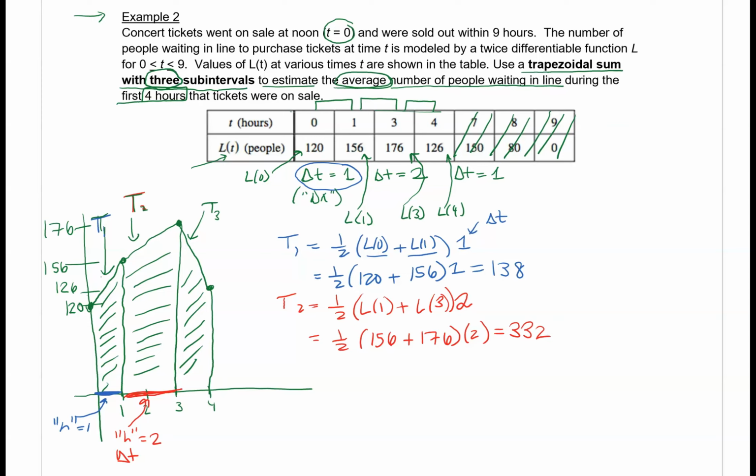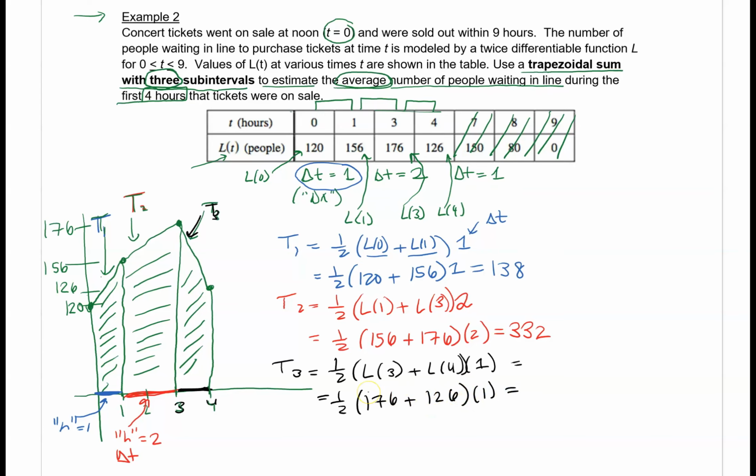Then lastly, for trapezoid number 3, that's the one between 3 and 4. That's this guy right here. So again, it's 1/2 base 1 plus base 2, so L of 3 plus L of 4 times the change in time, change in t, that horizontal distance, which is 1. So that equals 1/2 times 176 plus 126.